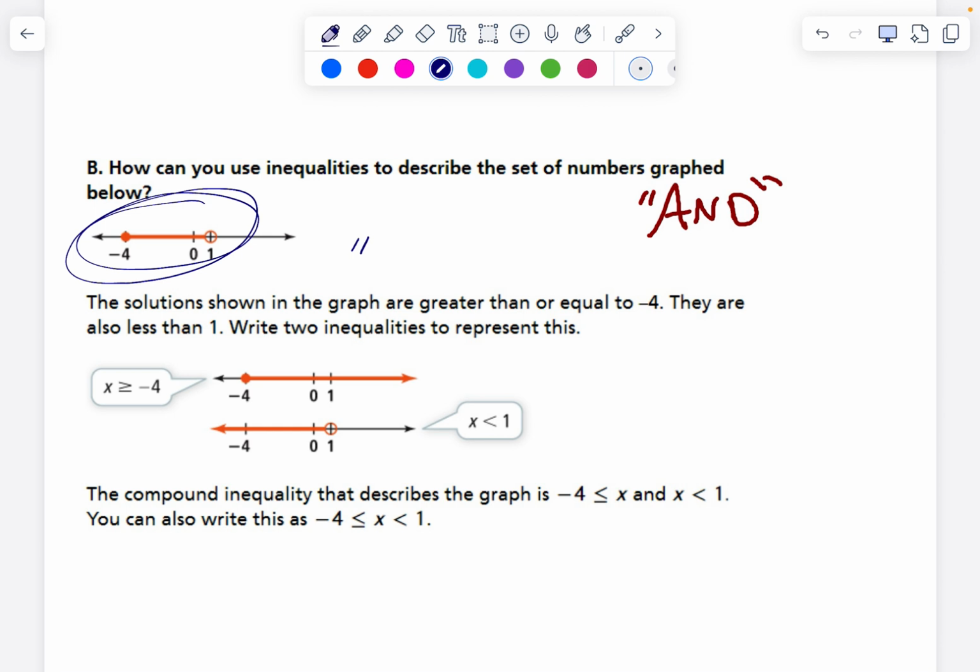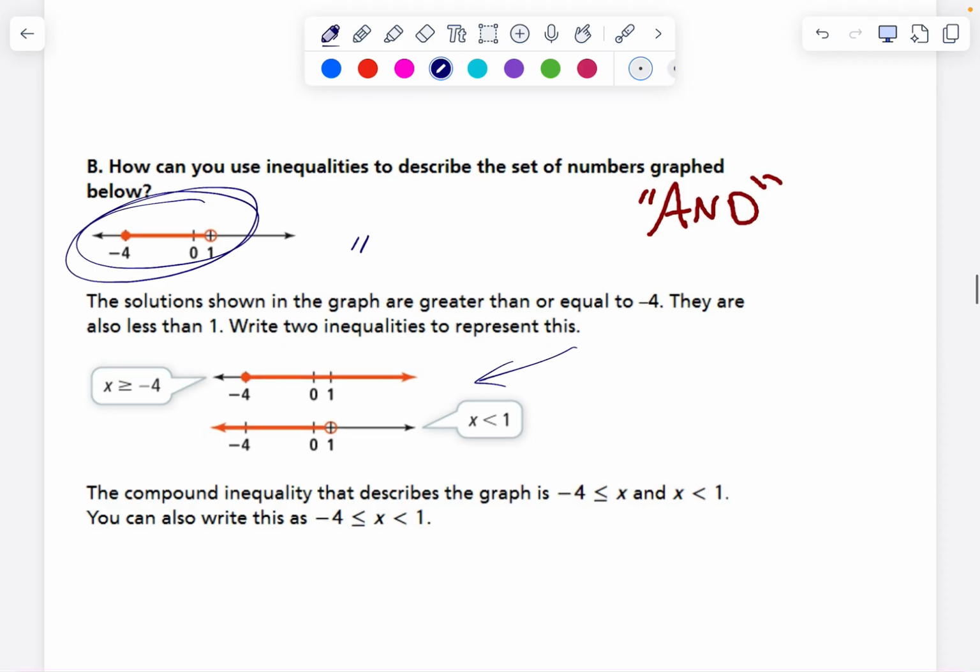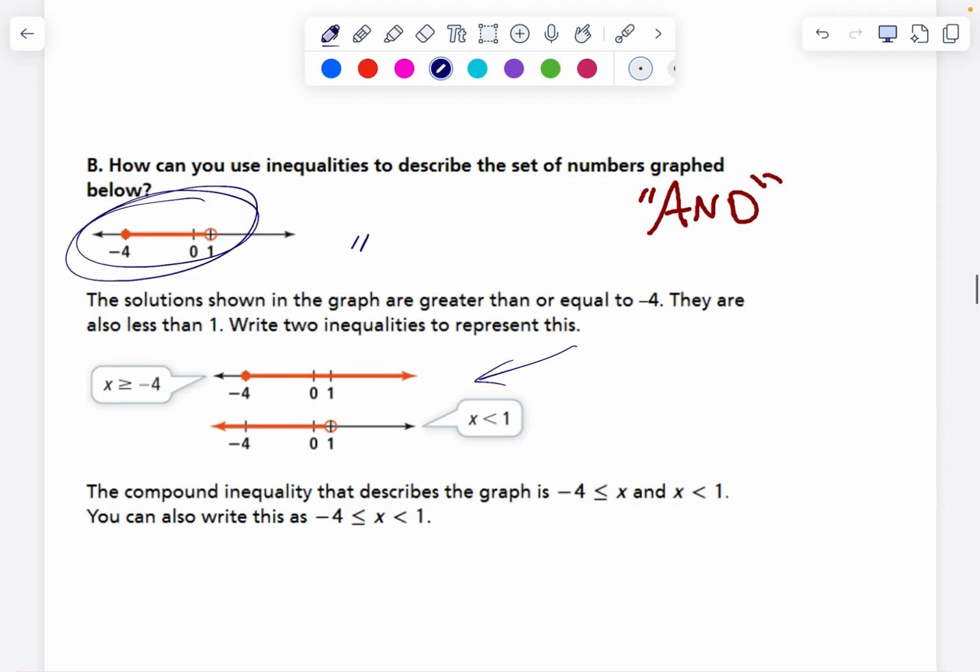It might help if you look down here at this one, like these two. 4 is less than or equal to x, and 1 is greater than x. Yeah, that's kind of it. You're saying it correctly, but it's a little bit unclear. Let's say it that way.